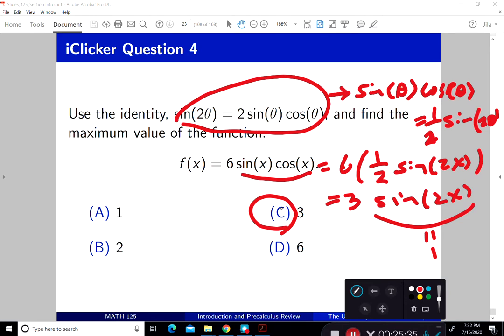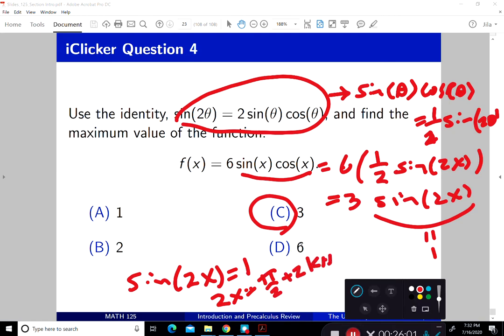If the question was asking when is the maximum value achieved, then you have to solve for sine of 2x equal to 1, and that will give you that 2x is equal to pi half plus 2k pi, and then x is equal to pi fourth plus k pi.